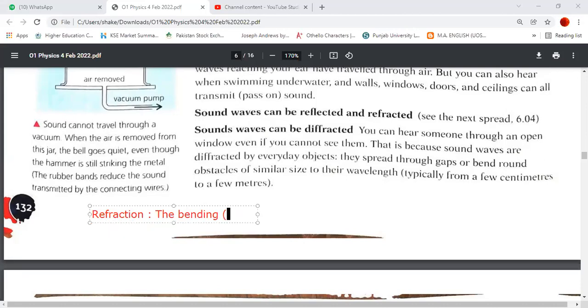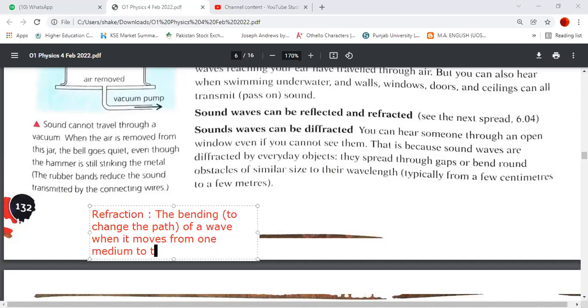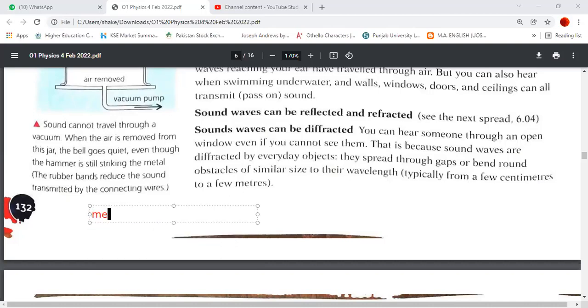Bend means to change the path of a wave when it moves from one medium to the other medium.